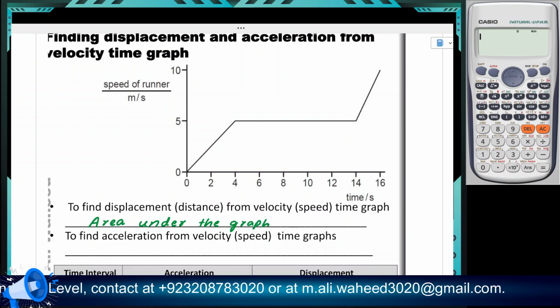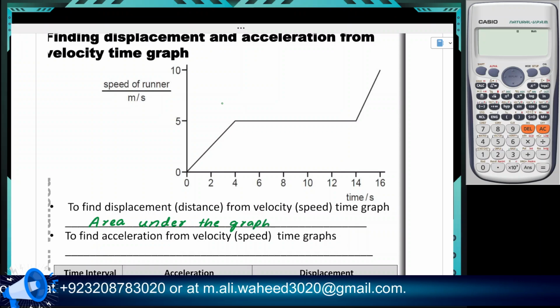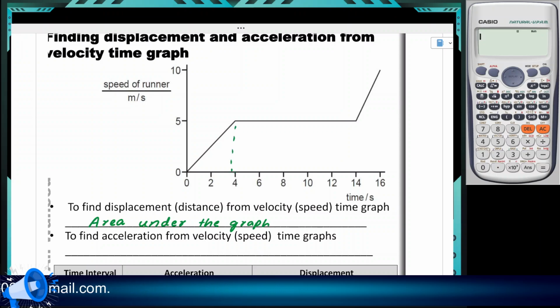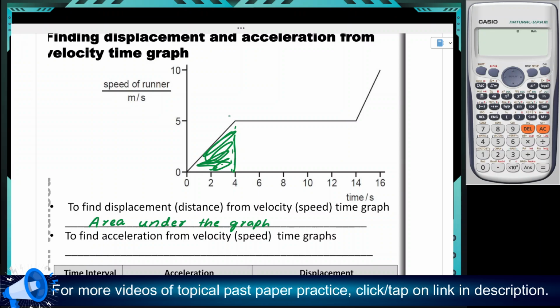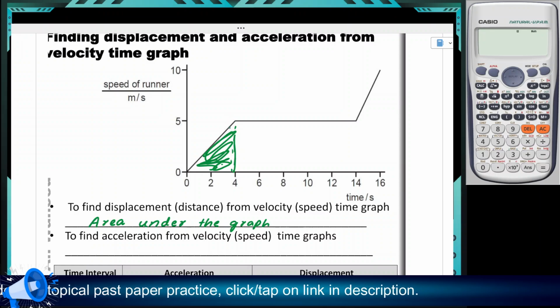So for example, if they ask us what is the distance covered by the object in the first 4 seconds, we can draw a line up till 4 seconds, and then find the area under the line, the area between the line and the time axis.